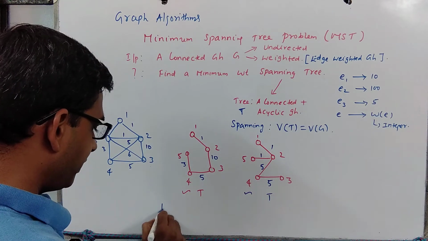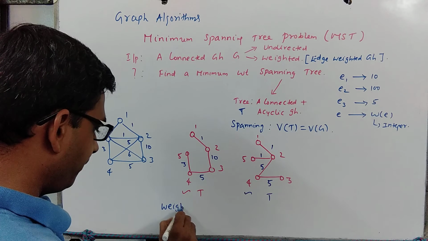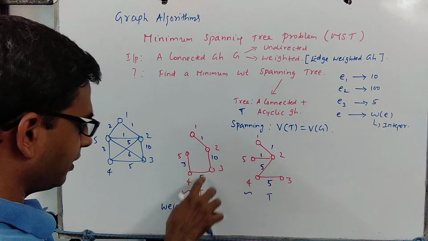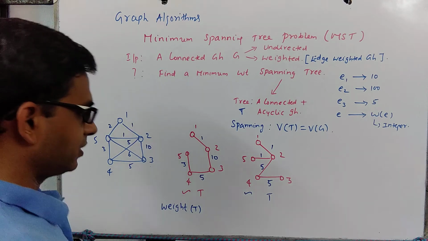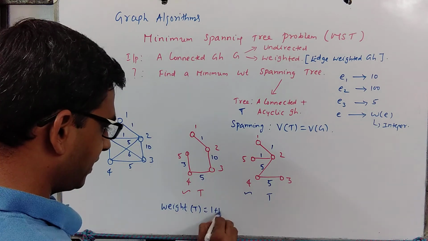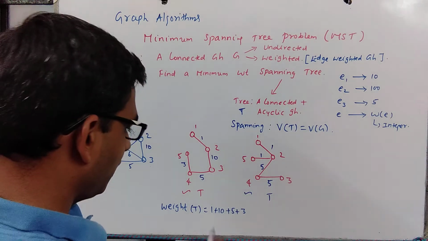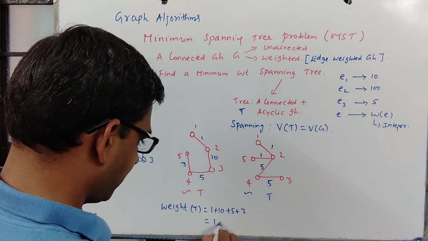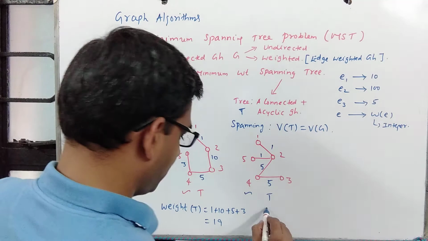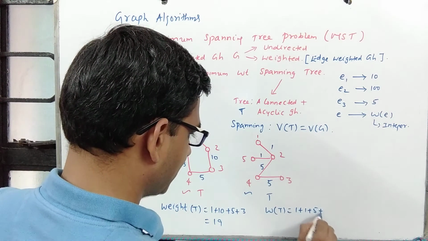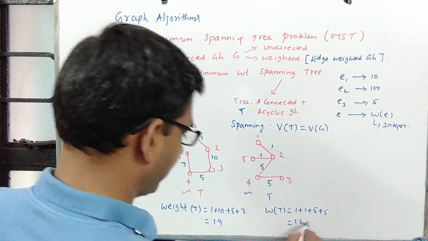What about the weight of this tree? The weight of this tree is you simply sum all the weights. That's precisely 1 plus 10 plus 5 plus 3, which is 19. And the weight of this tree is 1 plus 1 plus 5 plus 5, which is 12.